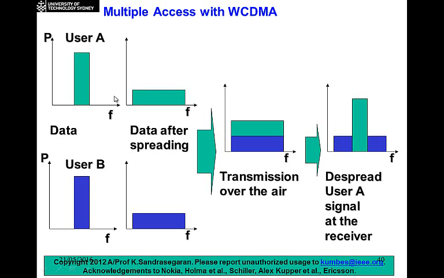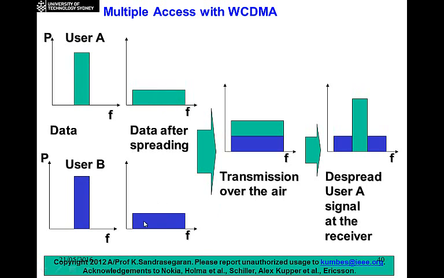in the case of multiple access in wideband CDMA, you may have two users, user A and user B. Initially, both users have a narrowband signal, and then we multiply. In the case of user A, user A multiplies by their chipping sequence, and you go from a high power low bandwidth signal to a high bandwidth low power signal, and B does the same thing, but B uses a different code.